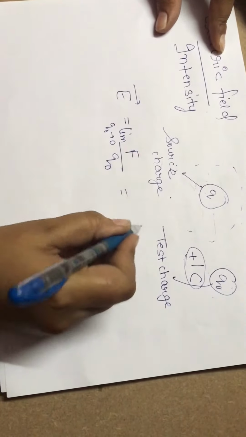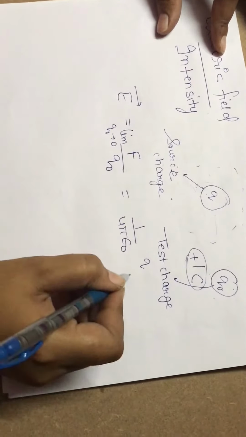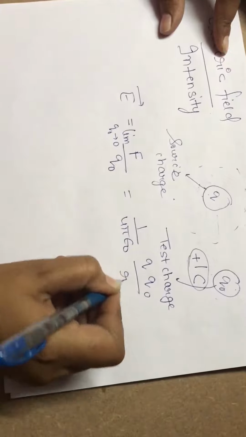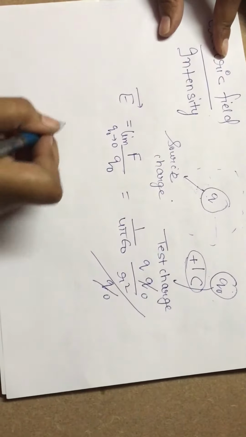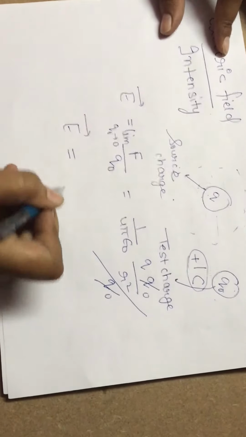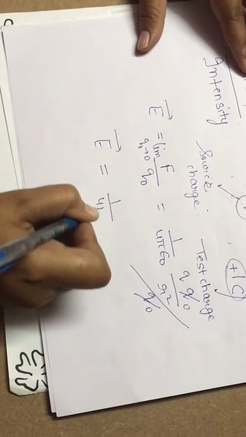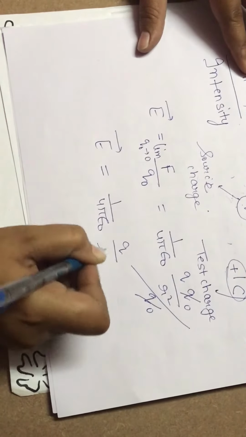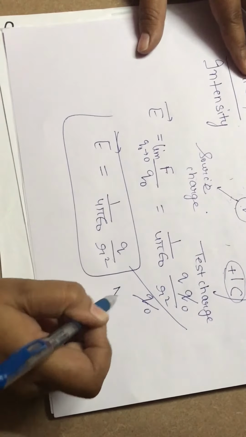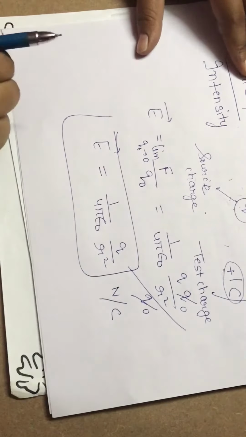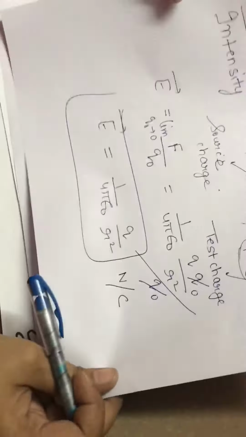By Coulomb's law we have studied that the force is 1 by 4 pi epsilon naught q q naught by r square. Then q naught cancels with q naught, so the electric field intensity has the formula 1 by 4 pi epsilon naught q by r square, and the unit is force, which is Newton, per charge, which is Coulomb. Is it okay? So far we have discussed electric field intensity.